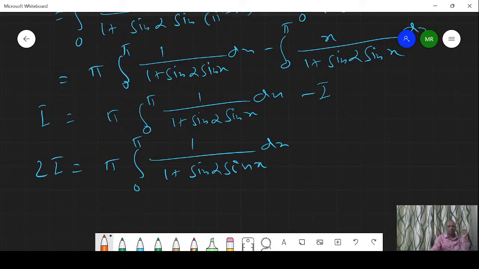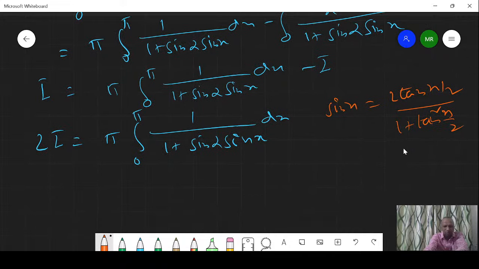The most important one: in the place of sine x, I am going to substitute sine x in terms of tan. Consider sine x equal to 2 tan x by 2 by 1 plus tan square x by 2. Replace sine x with this.